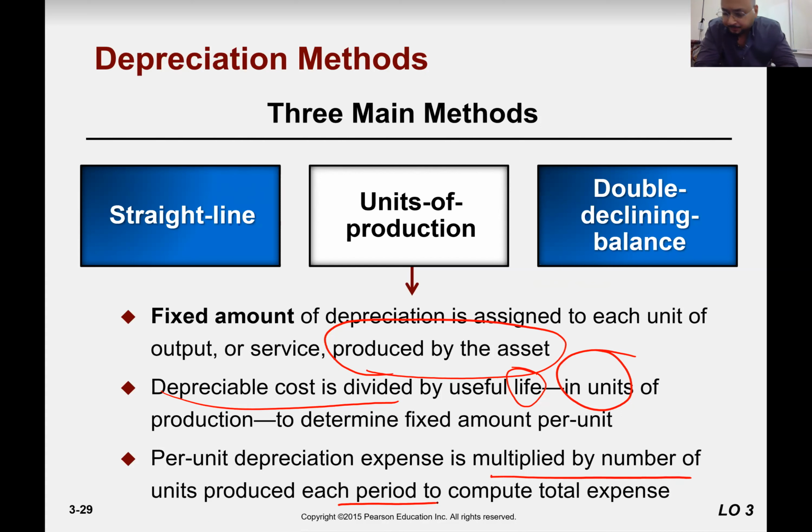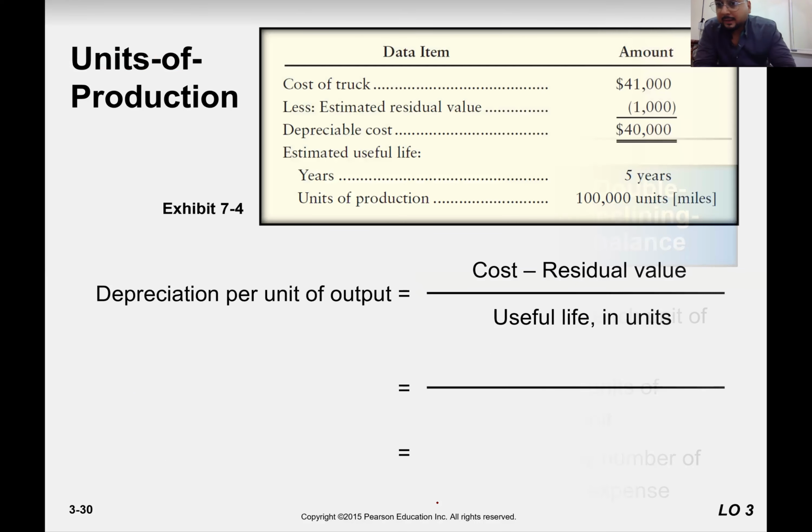So that is very easy to calculate. How? Here we go. We know that the truck is going to run for 100,000 miles. So how much is the depreciation per mile? Simple. What is the depreciable cost? Cost minus residual value divided by life.